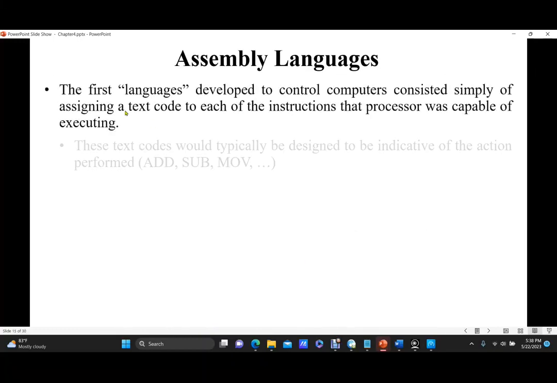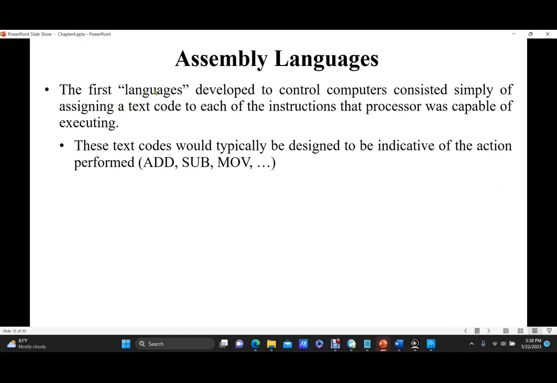The first languages that were developed for controlling computers consisted of just assigning a text code to each instruction that the processor was capable of executing. These text codes would typically be designed to indicate what kind of action was to be performed: add, to add two numbers together, subtract, move, and so on.